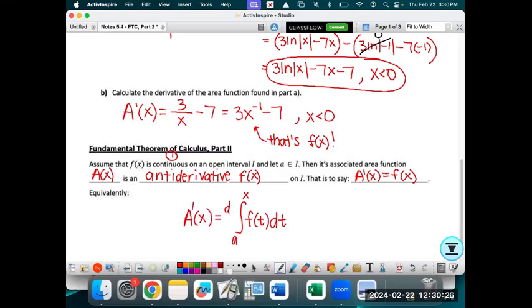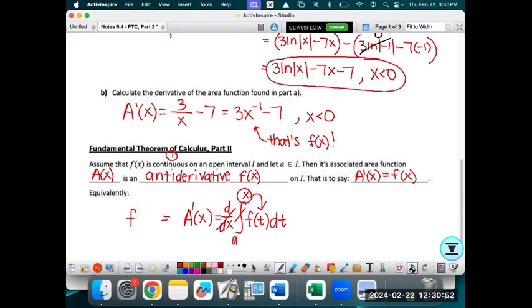So I'm going to use my derivative operator. Do you notice how it's kind of like the integral and the derivative operator cancel each other out, and then that upper bound variable gets replaced into my integrand? So I'm just left with f of x.